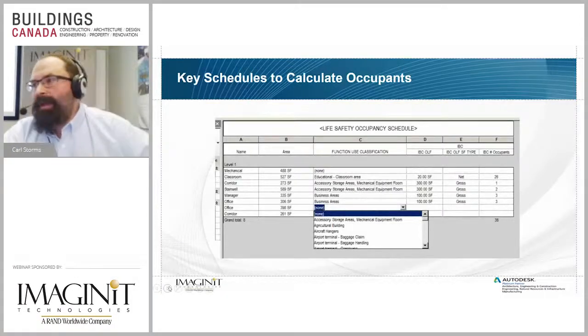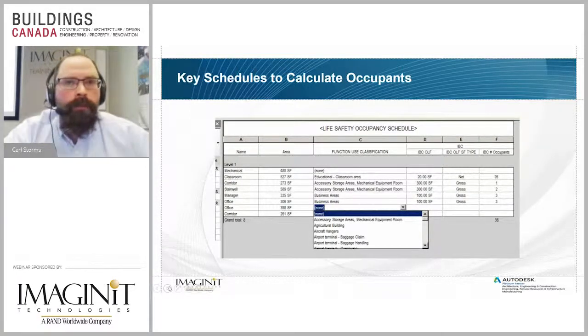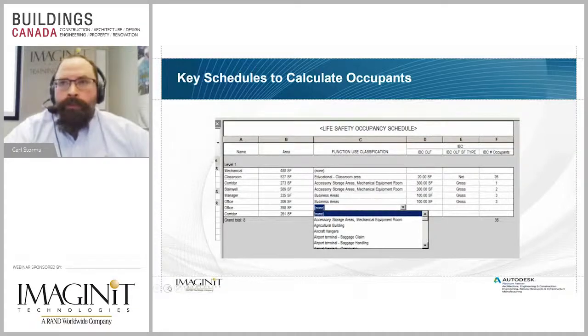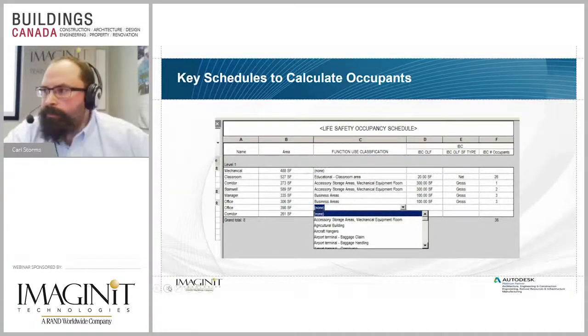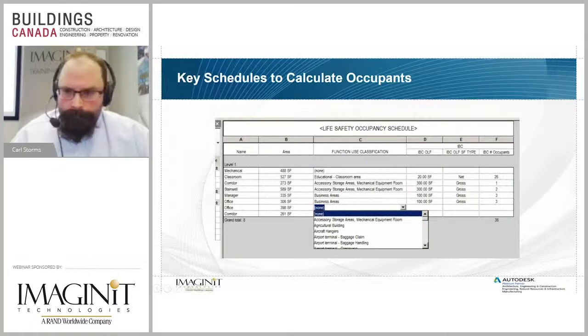And then once we have this key schedule created, we now have the ability to start applying this information into elements, or in this case rooms, inside of our model and start getting that information from it. So again, with a simple out-of-the-box schedule, we have the ability to apply this information and put it inside of our model.